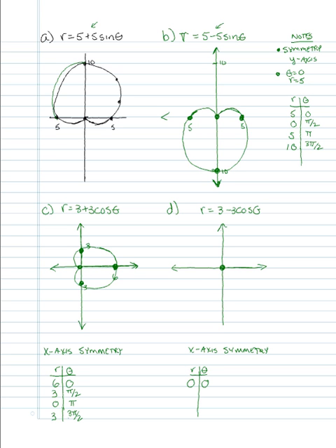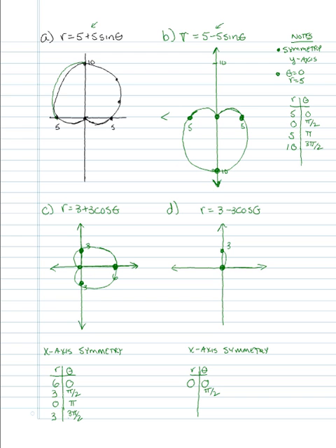r is also 0, but that's a distance, and the theta 0 is actually an angle. And then if I went to pi over 2 for my theta value, well, the cosine is 0, and we get an r of 3, and that's this position right there. That's where 3 is. So I'm already getting the idea that this cardioid is doing this.